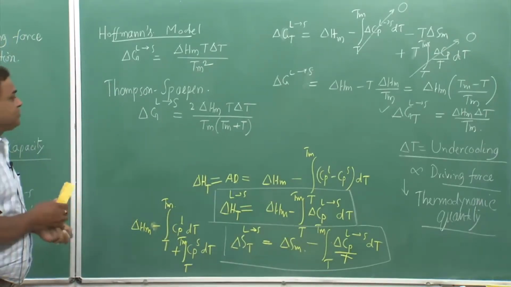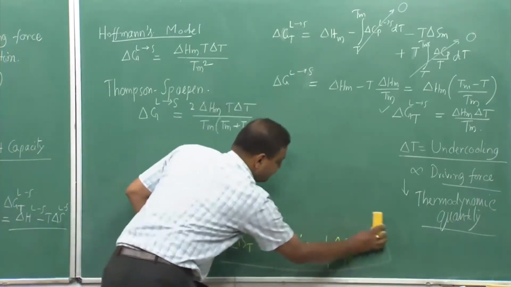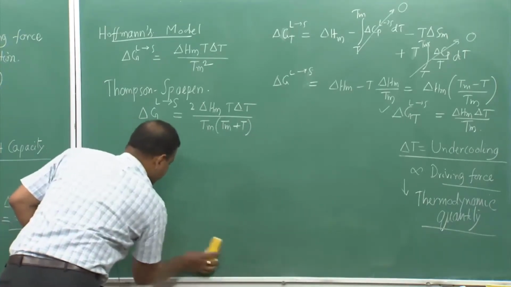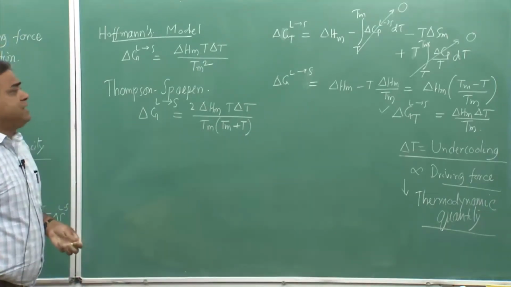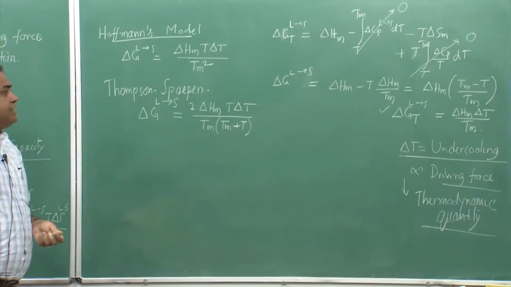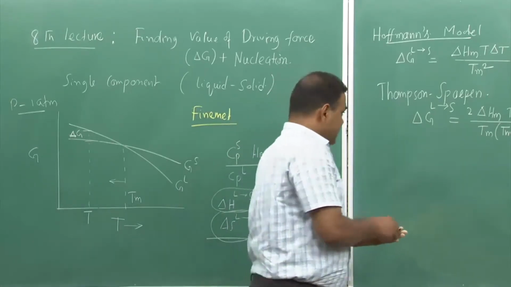Now, let us say somehow I could calculate del Cp, which is an experimentally found value, for the liquid to solid transformation.